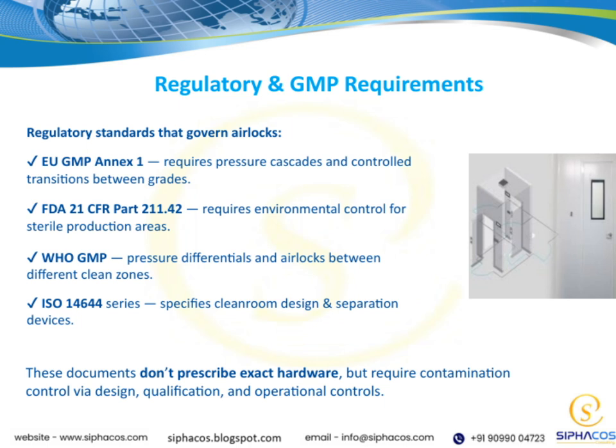The FDA's 21 CFR Part 211.42 also highlights the need for environmental control, especially in sterile production areas. Similarly, the WHO GMP standards specify the use of pressure differentials and airlocks between different clean zones to maintain product integrity. And finally, the ISO 14644 series provides detailed guidance on cleanroom design and separation devices to ensure proper environmental control.